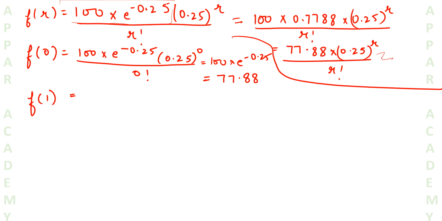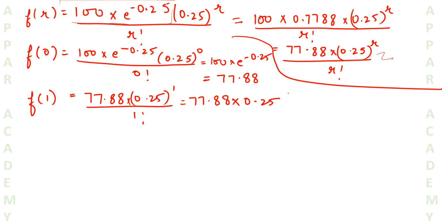Next is f of 1. So from here, let's use this now. So f of 1 says 77.88 into 0.25 to the power 1 upon 1 factorial, right? So this is simply 77.88 into 0.25. This becomes 19.47. Please see, we'll start approximating these because these are frequencies. So when it's frequency, this becomes 19 and this becomes 78.